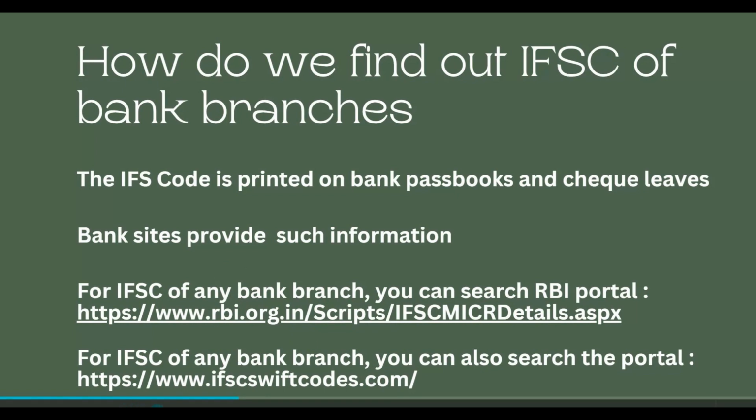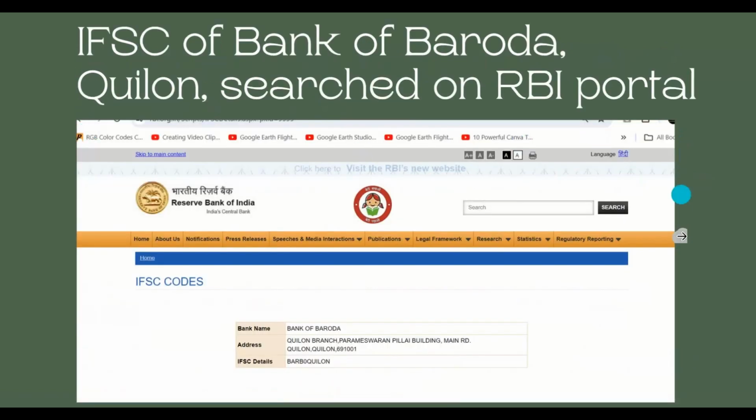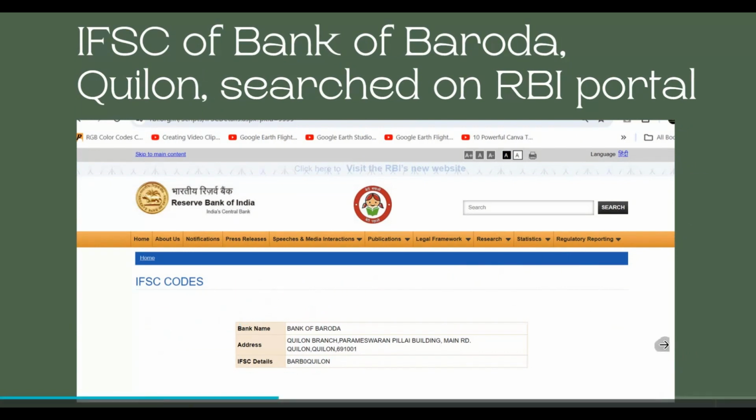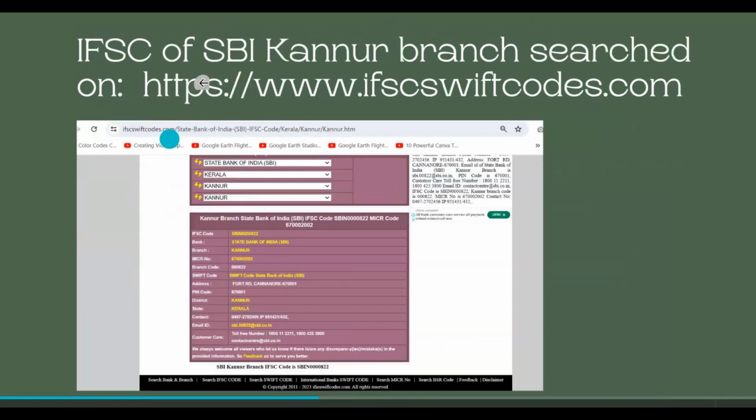For the IFSC of any bank branch, you can also search the portal ifscswiftcodes.com. I have searched for Bank of Baroda, Quilon branch, and this is the result. Here I have searched ifscswiftcodes.com for SBI Kannur branch. This is the IFS code given by the search.